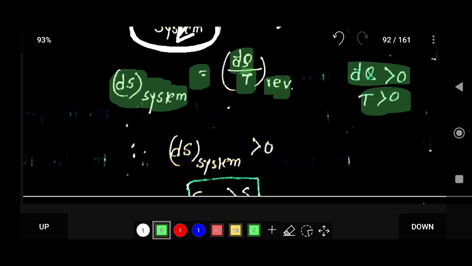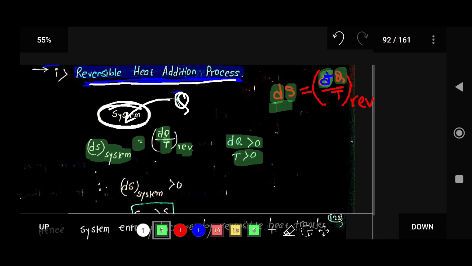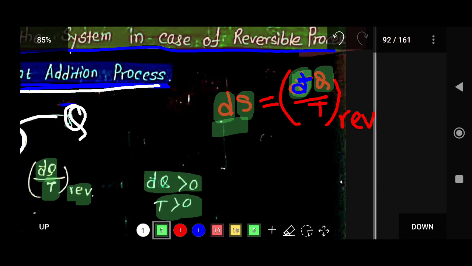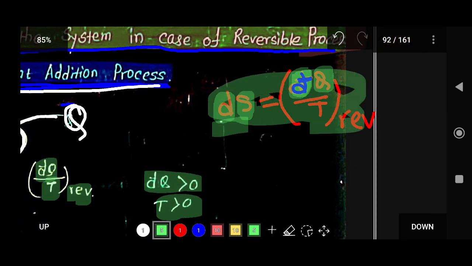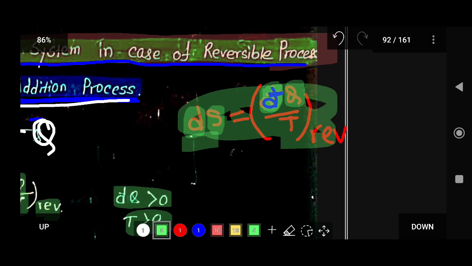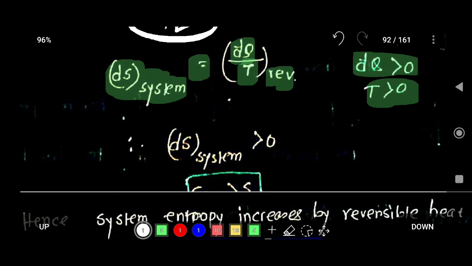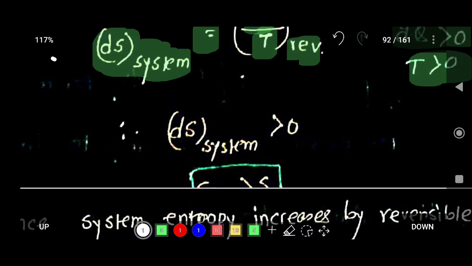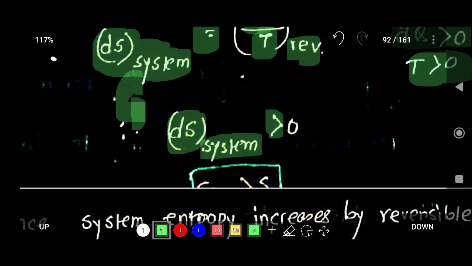We know that dS equals delta Q by T for a reversible process. As Q is greater than 0 and T is also greater than 0, this value will be positive, so dS for the system is greater than 0.